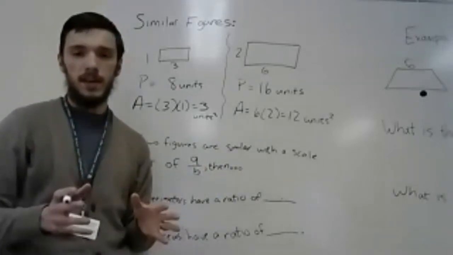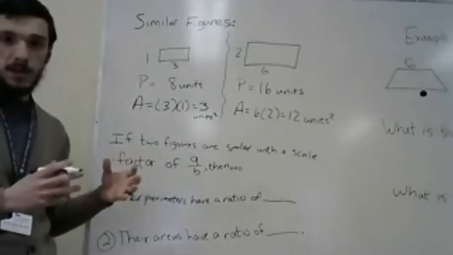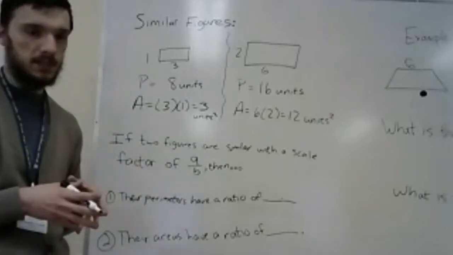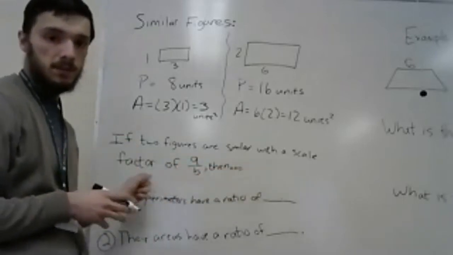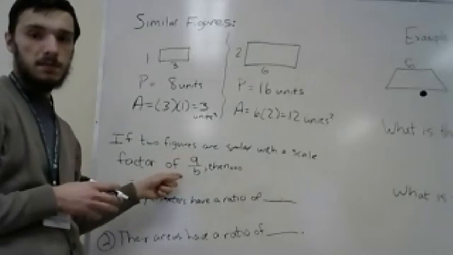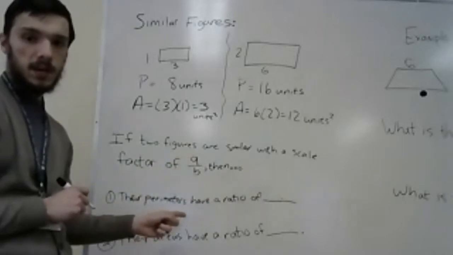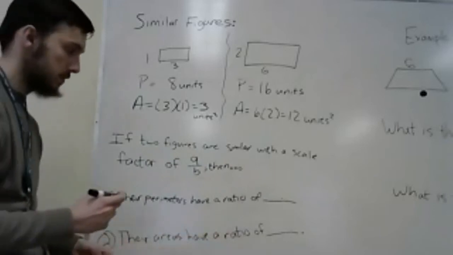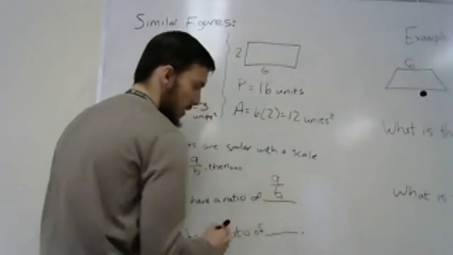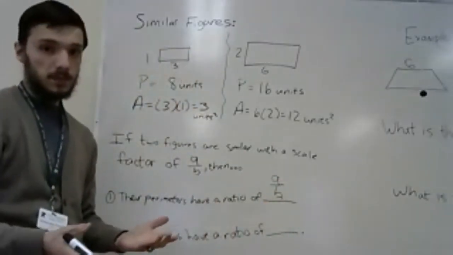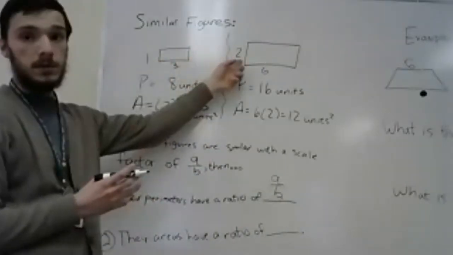So to quantify that, we have the main theorem that we're going to use for today's lesson. If two figures are similar with a scale factor of A over B, then their perimeters have a ratio of A over B. As we noticed, our scale factor was 1 to 2.